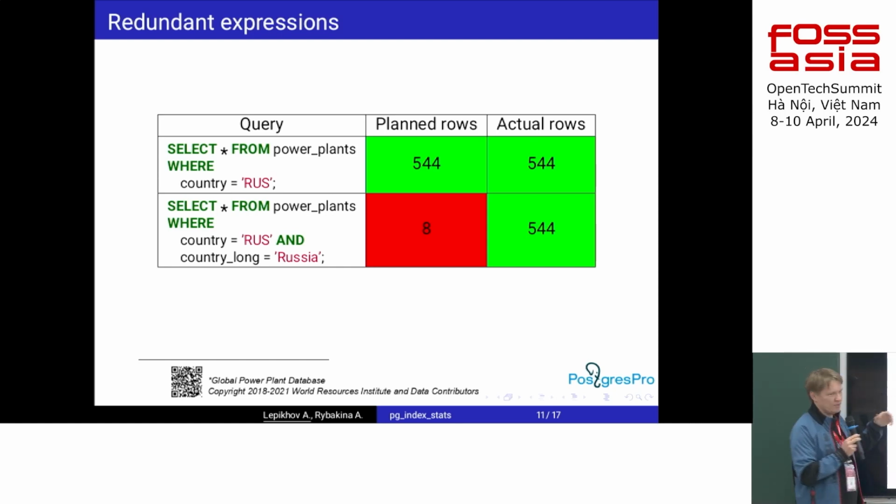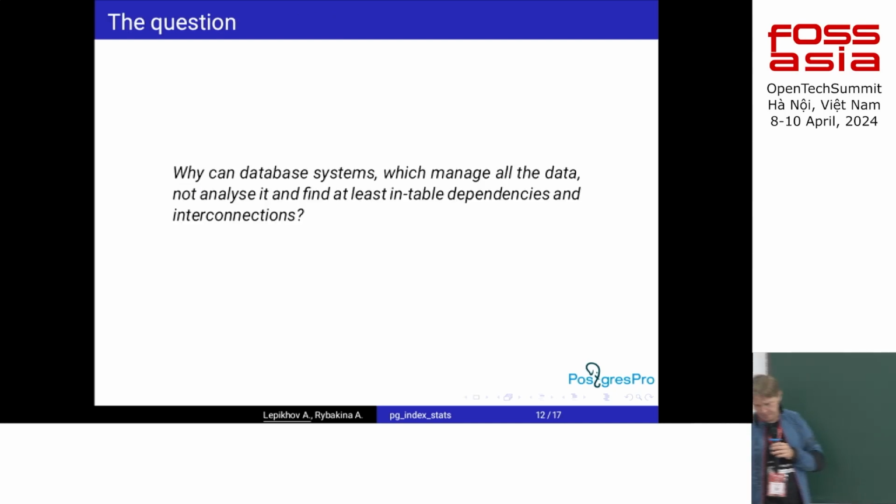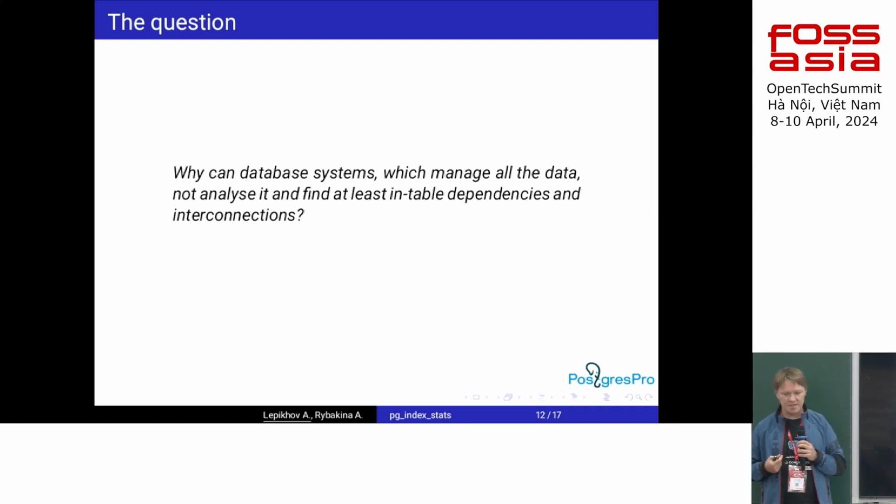Of course, we have strong correlation between name of country, short name of country, and long name of country. Yeah, and we got stuck on the problem. Our conjecture was that databases have all the data they manage, but also they know all things about incoming queries.